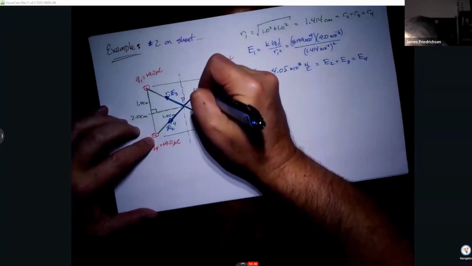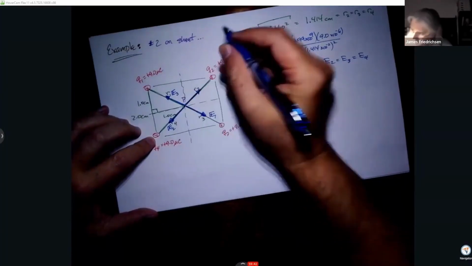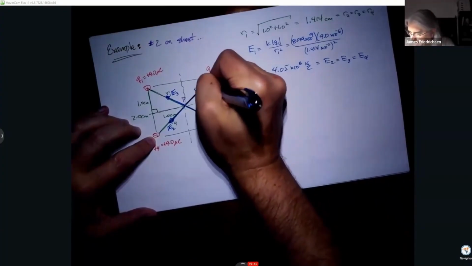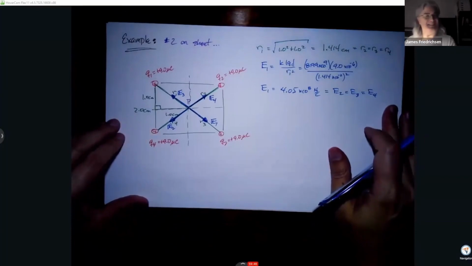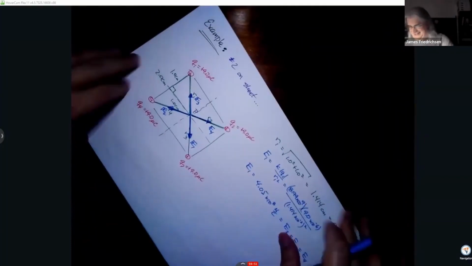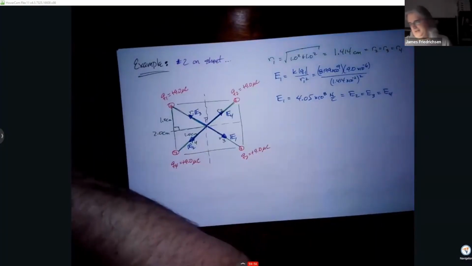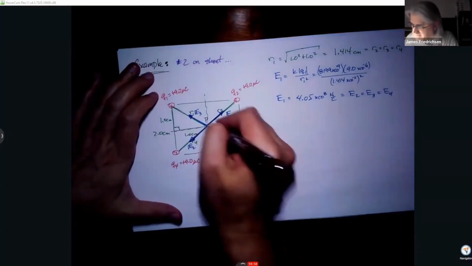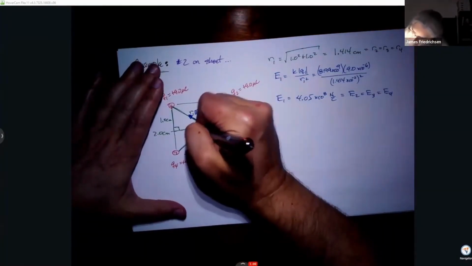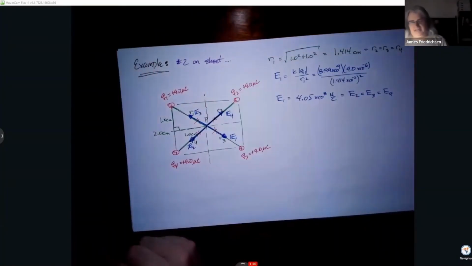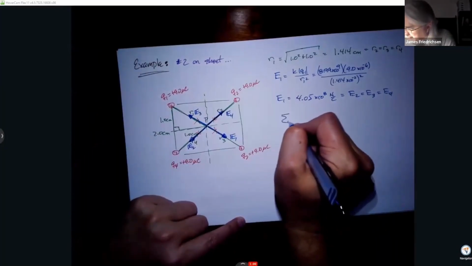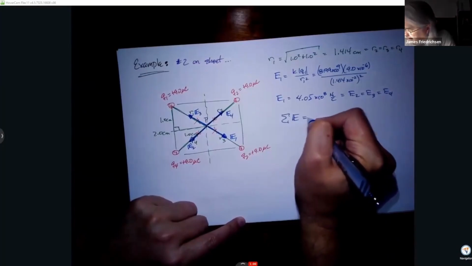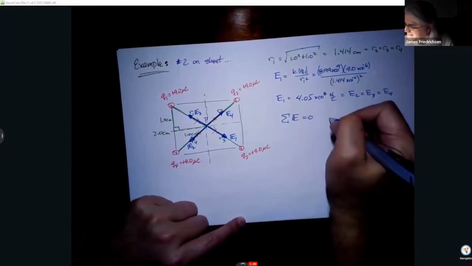And then you're like, oh, good grief, look at all those components. Except that, well, I guess my diagram's not so great, is it? If we turn it, they should cancel by pairs. These are equal in magnitude, opposite in direction, so they cancel. These are equal and opposite in direction, they should cancel. And so essentially what we get for our answer is that the net electric field at the center of the square is 0.